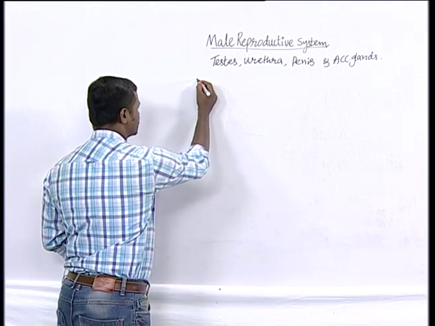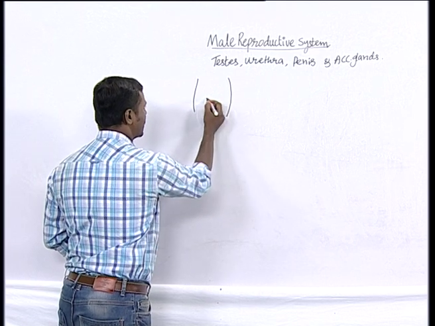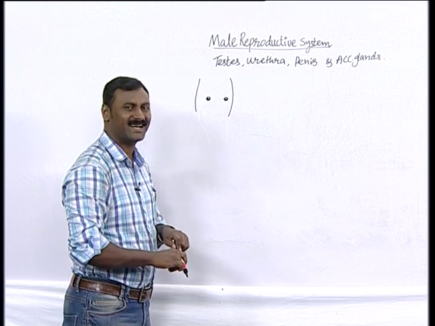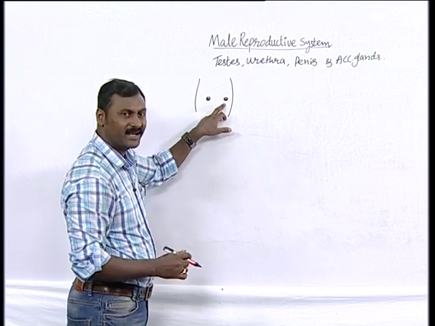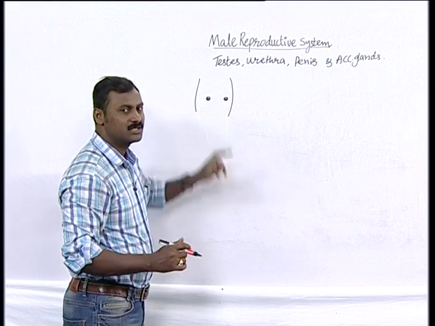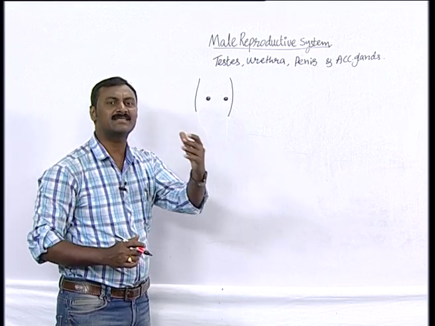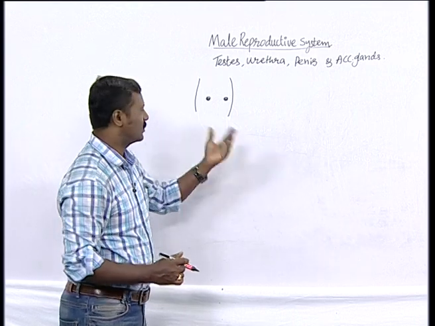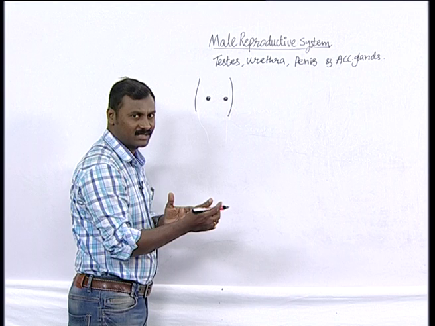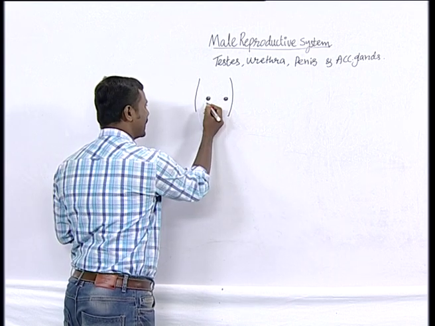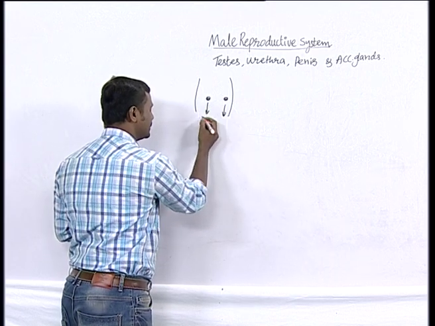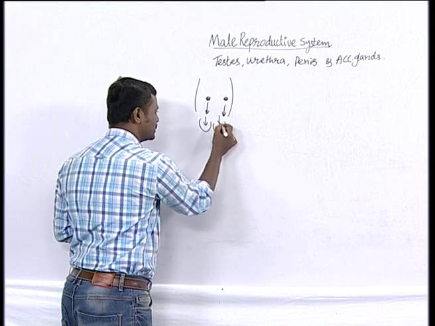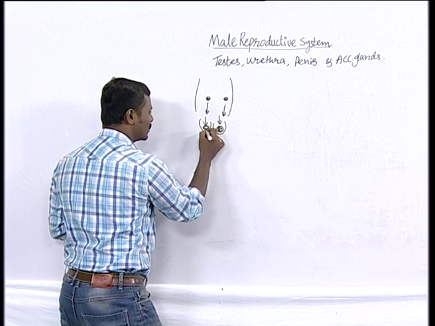In a baby, testes are actually located in the abdominal region. In the embryonic condition the testes are located in the abdominal region. When the embryonic development is completed and the baby is ready to come out from the mother's womb, the testes come down to their positions, that is, the scrotal sacs.